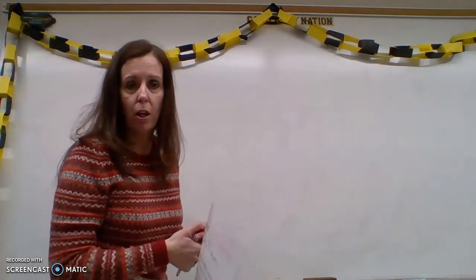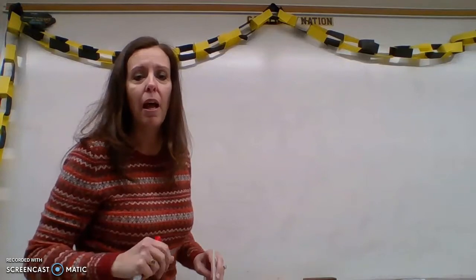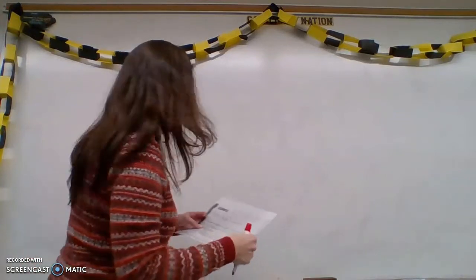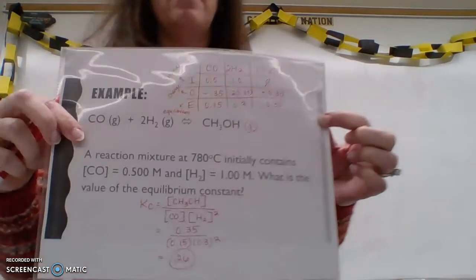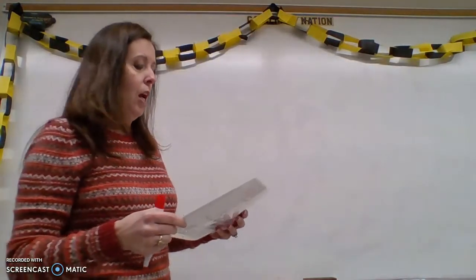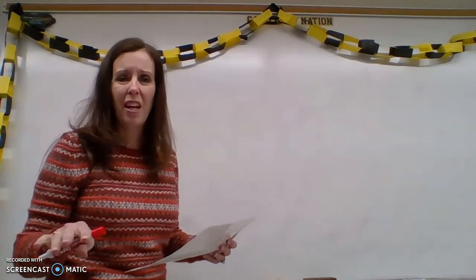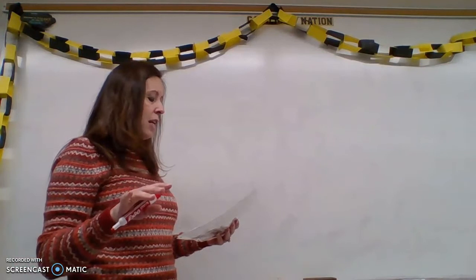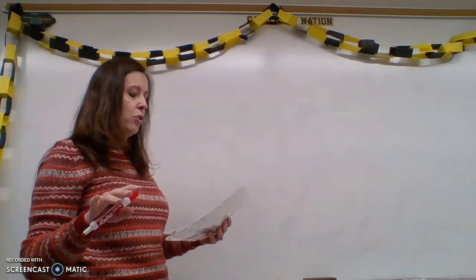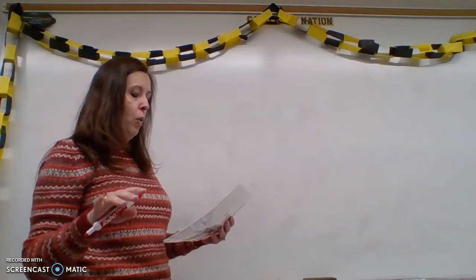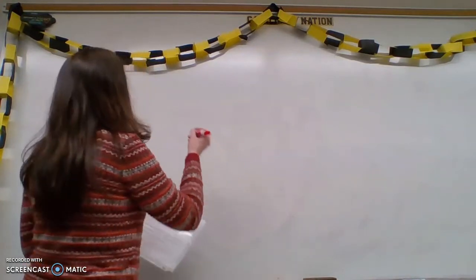There are no shortcuts. I've been doing this longer than you've been alive. I don't take shortcuts, okay? So if you look at this example in your notes, a reaction mixture at 780 degrees Celsius, that is just there for no reason whatsoever, okay? Initially contains CO concentration of 0.5 and hydrogen concentration of 1. What's the value of the equilibrium concentrations?